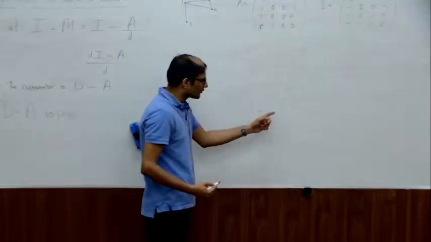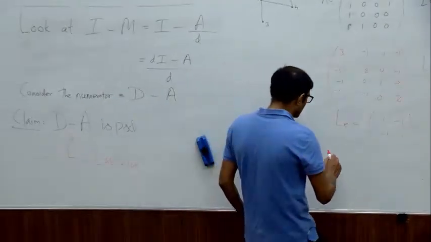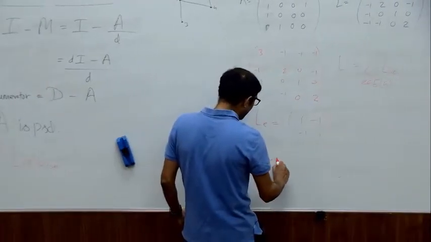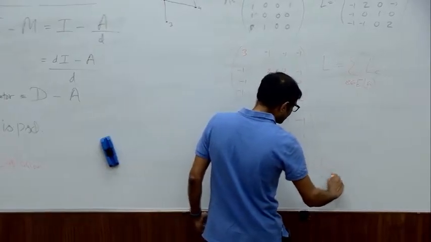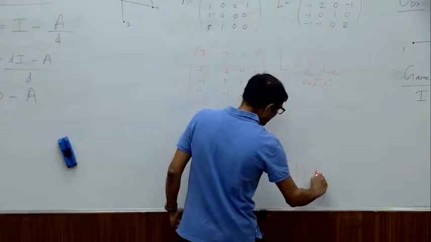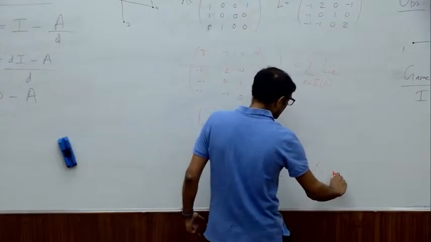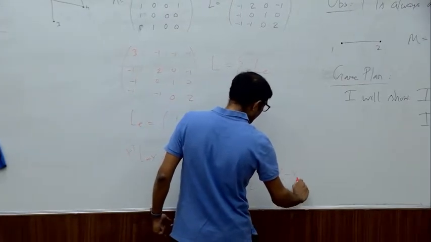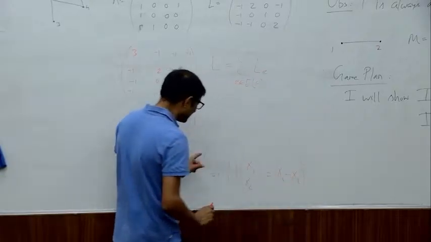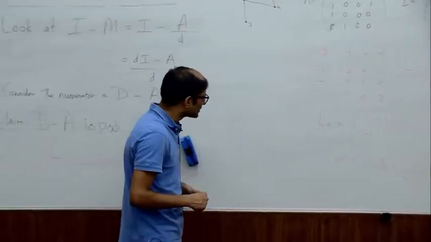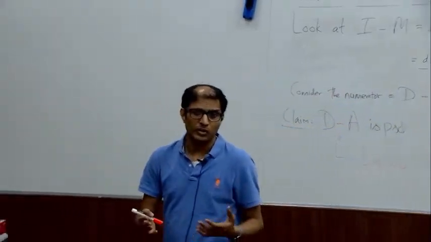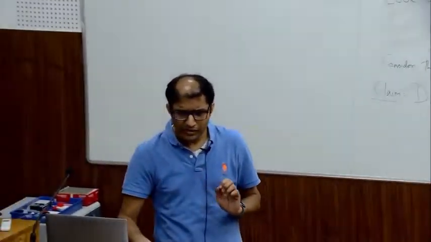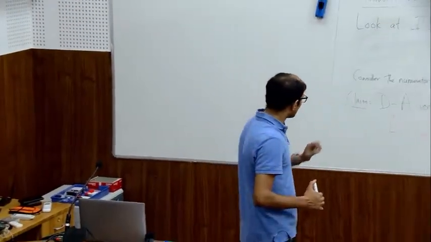If you take the quadratic form with any vector x1, x2, so notice that x transpose L_E x equals x1, x2 followed by this Laplacian followed by x1, x2. You do this computation, you get (x1 minus x2) whole square. So these baby Laplacians are in fact positive semi-definite. The sum of many Laplacians is therefore also positive semi-definite. Alright? So D minus A is positive semi-definite.